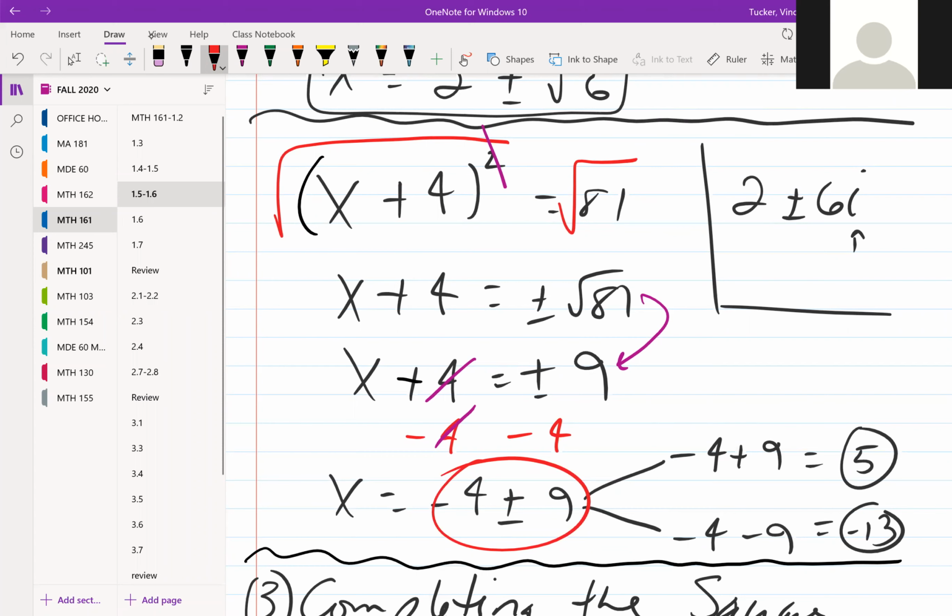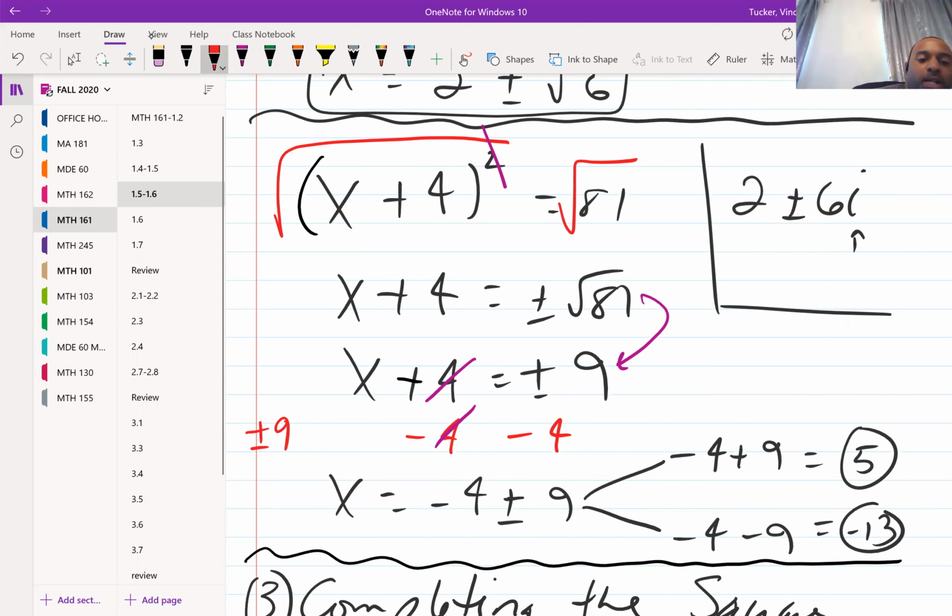It doesn't matter where we put the -4, you just have to be careful with it. As long as it's plus or minus 9 and the 4 is negative, you're still okay. But normally the -4 would go in front of the plus or minus.